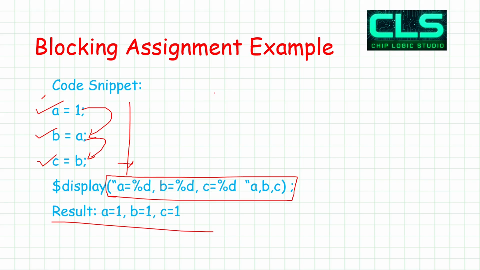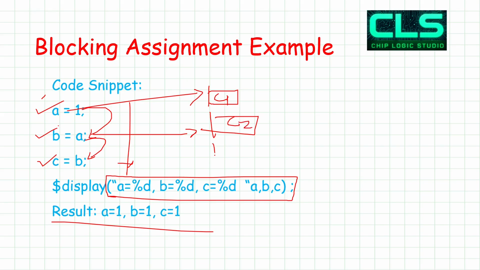One more thing to mention for synthesis purposes: A is one combinational block C1, so A will execute this one, then sequential block B will execute here like C2 combinational block, and C is our third combinational block. These are three combinational blocks, because there is only a simple assignment, equal to one.